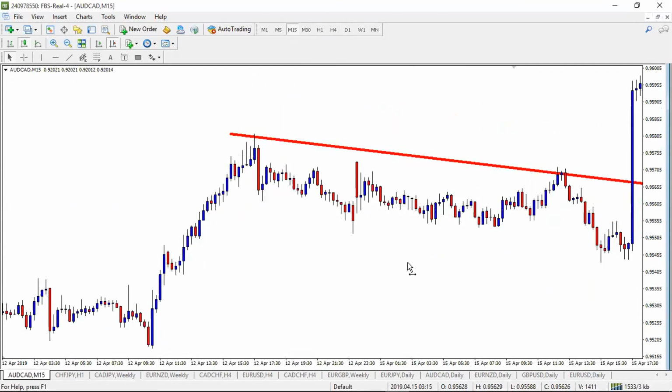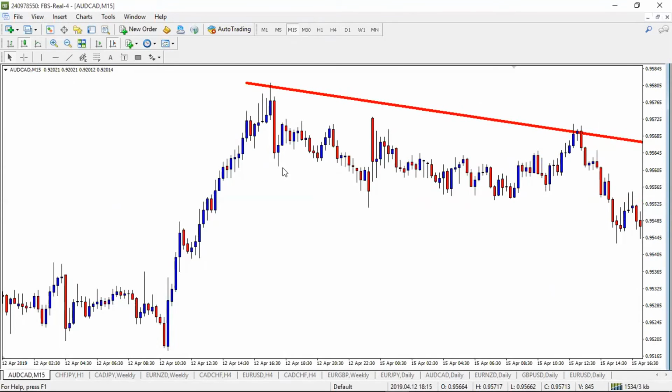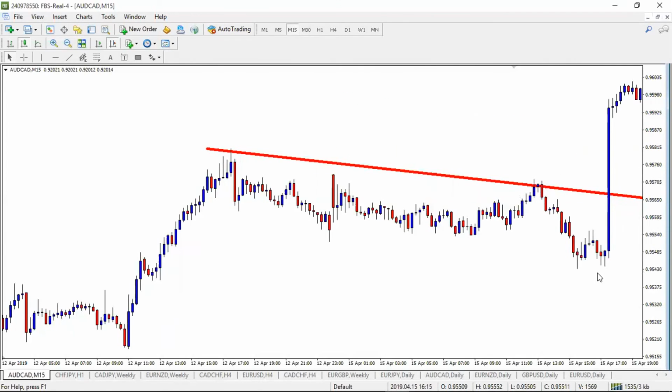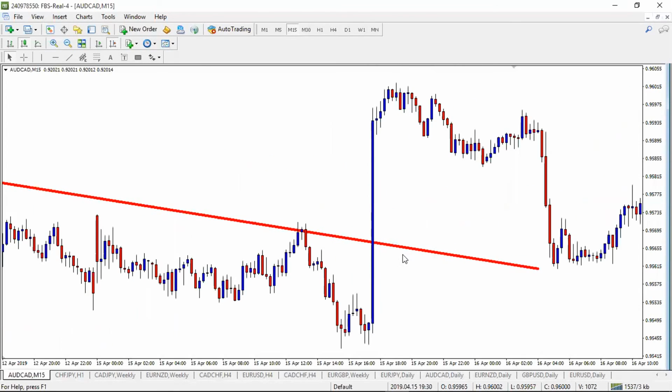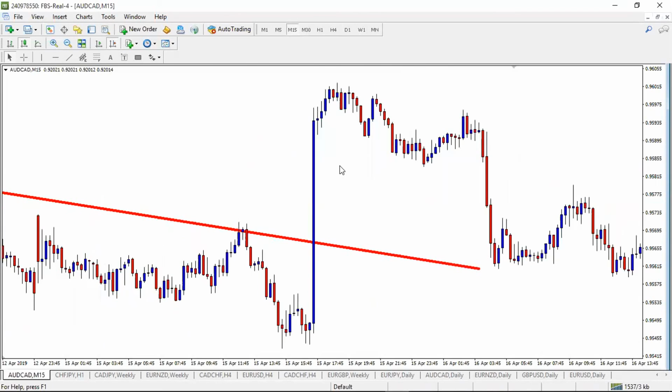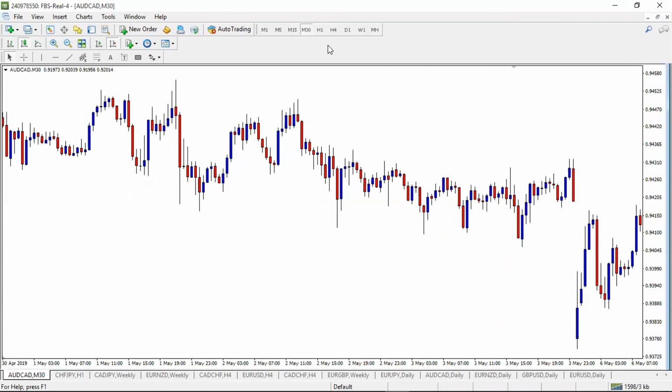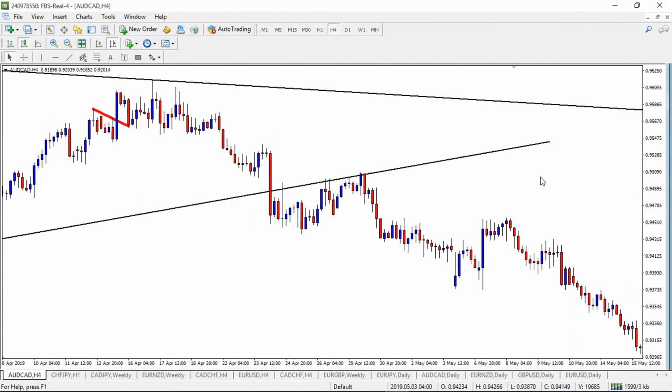This is, as you can see, a high, a low, a high. Okay, so I was testing this resistance here, then it dropped, and then you have this strong bullish move. But if you go to H4, it's just a small pullback, just a small pullback.